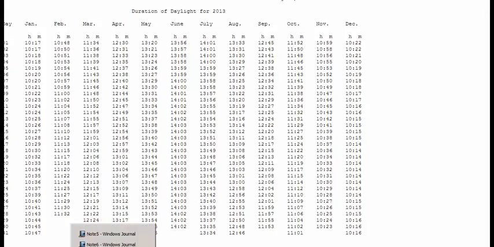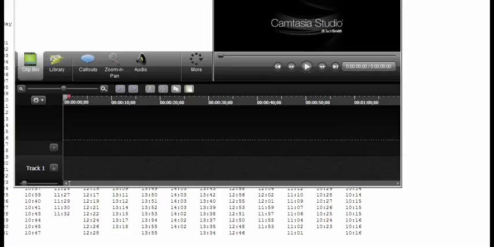So here's our chart, and if you look here on the chart, we've got June 21st. Okay, it's 14:03. So let's go back here. Oops, that's not what I wanted. There.